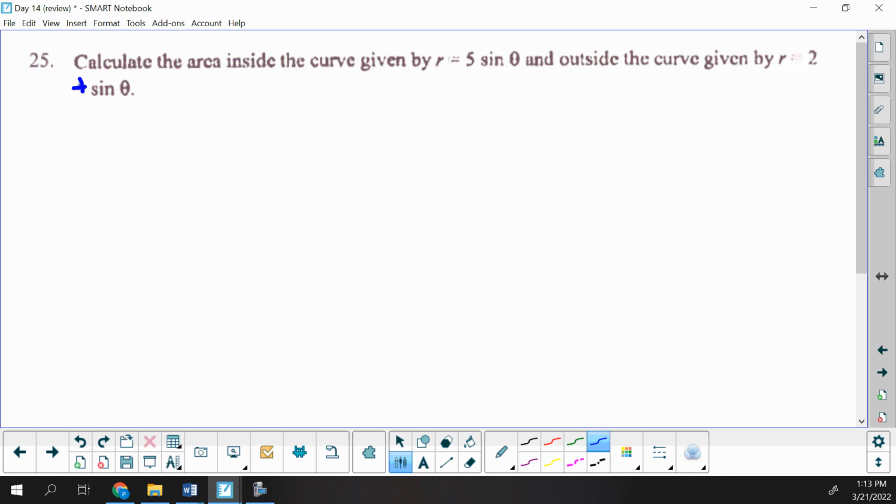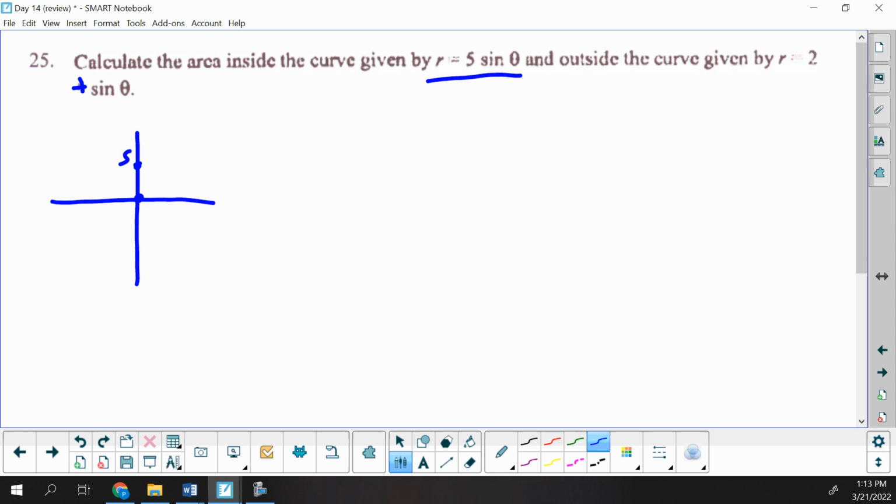So it's r equals 2 plus sine theta. So in the first one, if we put 0 in for theta, we get back 0. If we put pi over 2 in, we get back 5. And so that's 5 there.